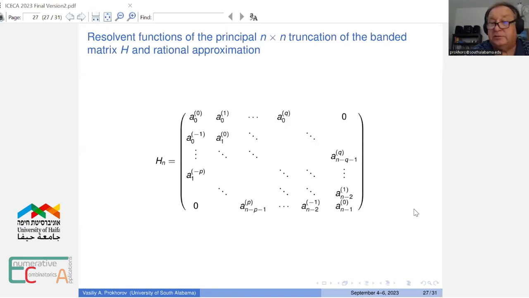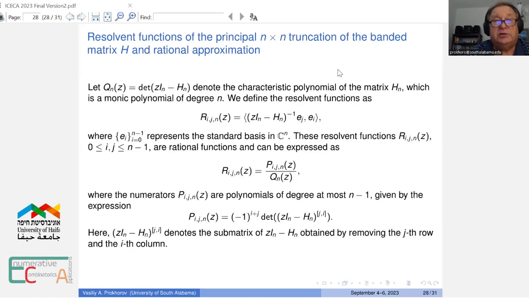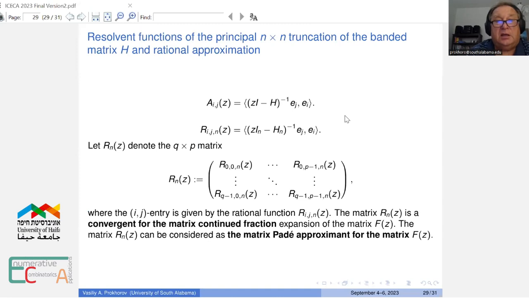So now let's consider the general case. We need to do the n by n truncation, and then we construct the characteristic polynomial, and then we can write formulas for the resolvent functions of this truncation. We'll get rational functions, and what we get are two properties, which are analogs of the properties we have for the classical case P equals 1 and Q equals 1.